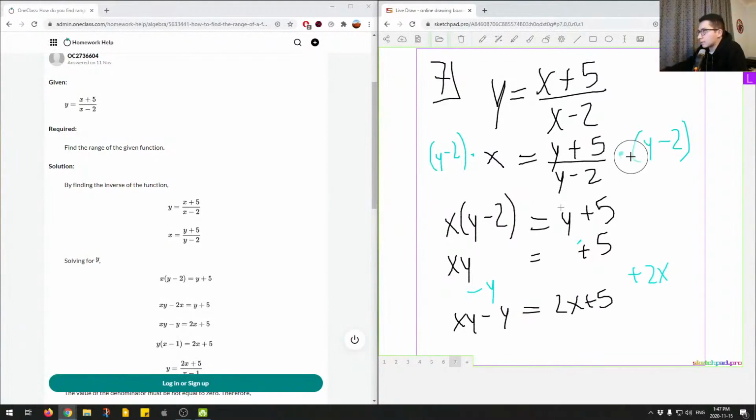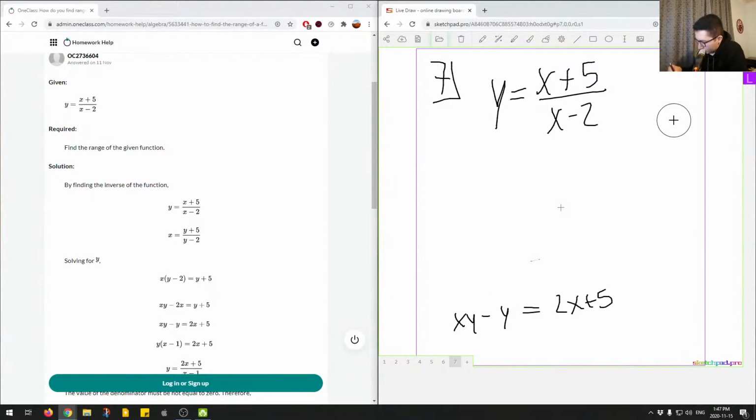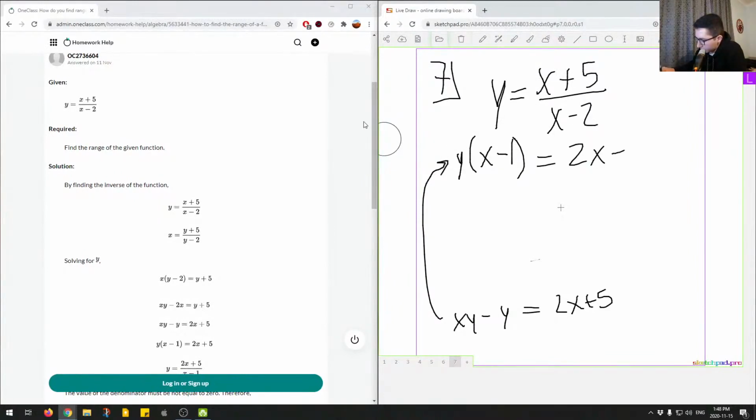Then I'll erase this stuff to make some space. We'll factor out the y from both terms, and we end up with (x minus 1) times y equals 2x plus 5.